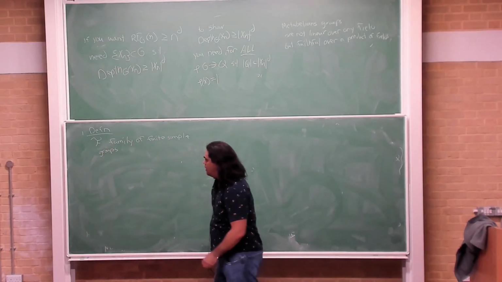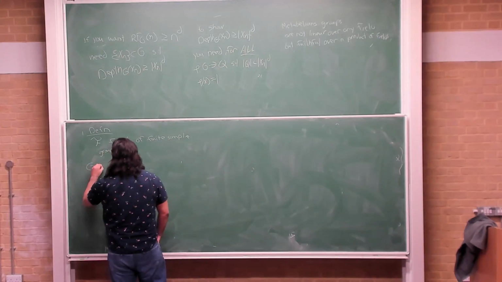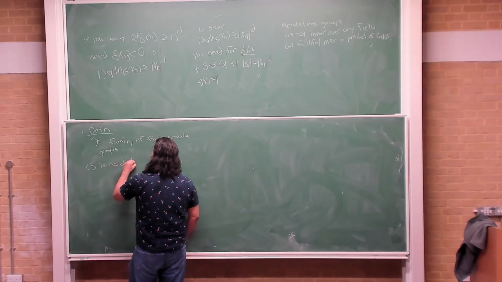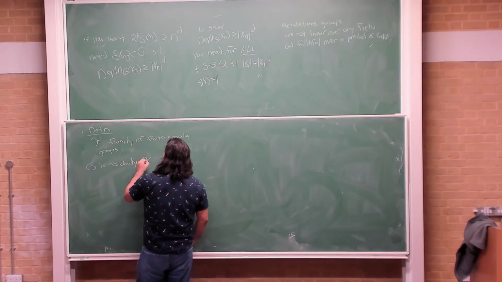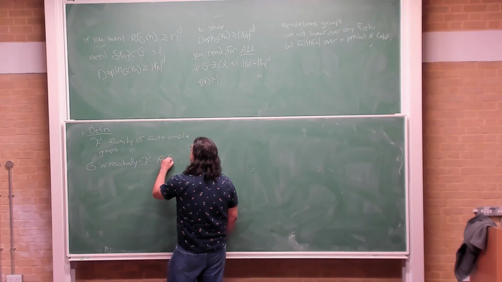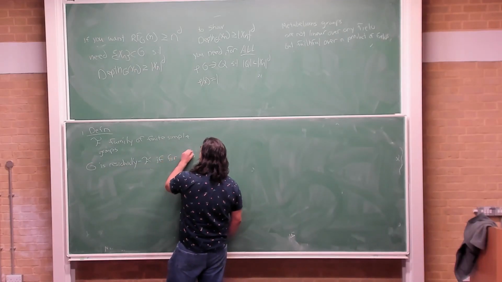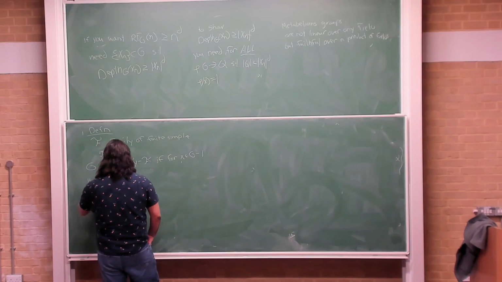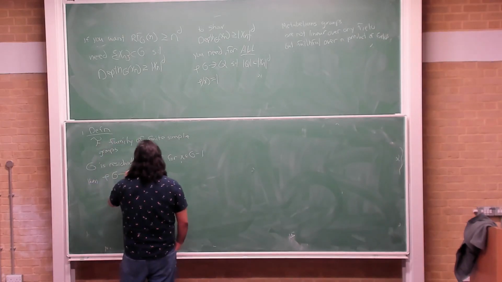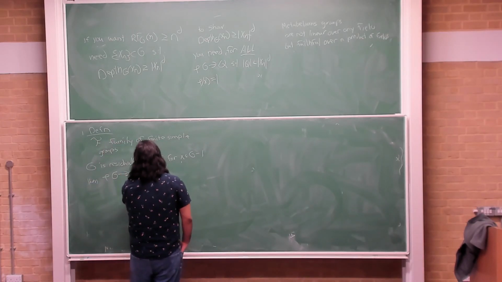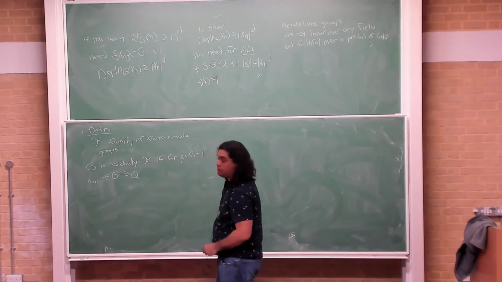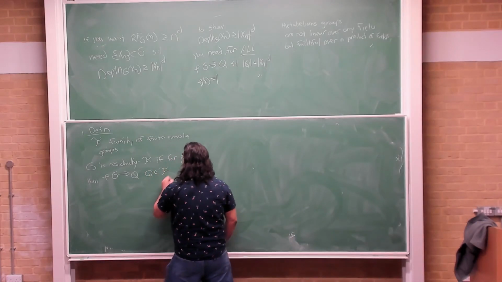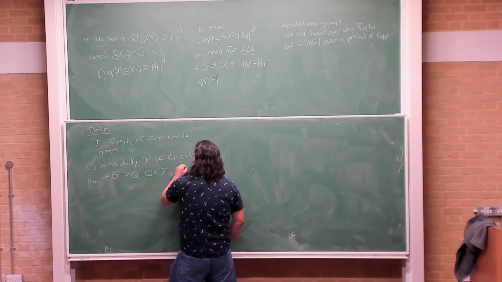And then G is residually F if we can detect every element of our group G, that is, if x is non-trivial, with a morphism phi to a finite simple group Q, and phi of x is non-trivial.